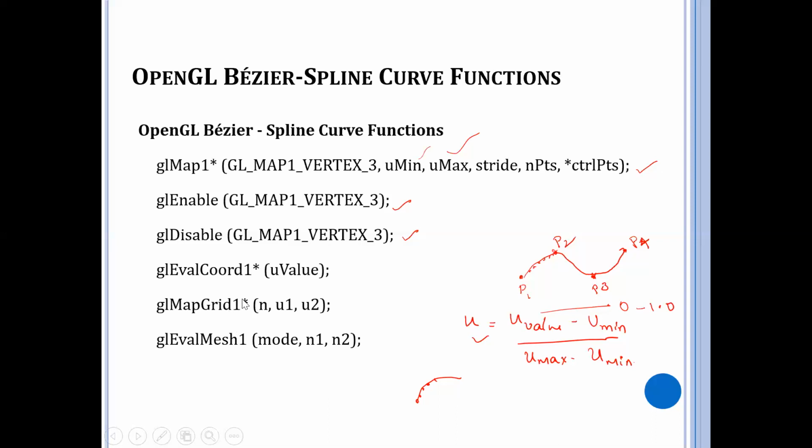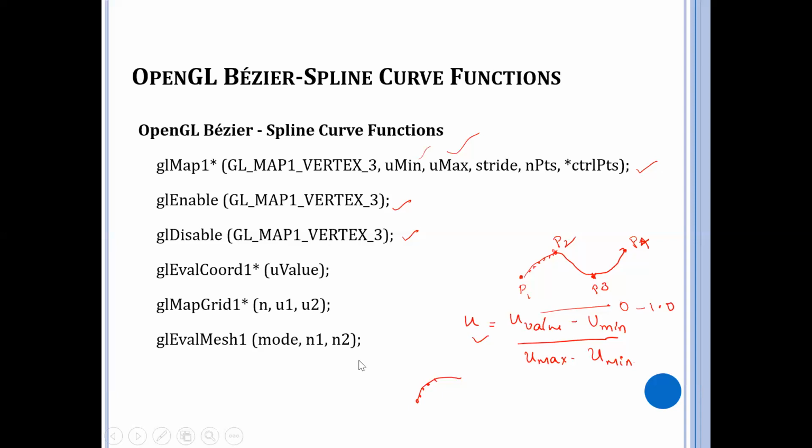I'll not go back to what F or D is, which we all know is nothing but float and double. The parameter n specifies the integer number of equal subdivisions over the range from u1 to u2.